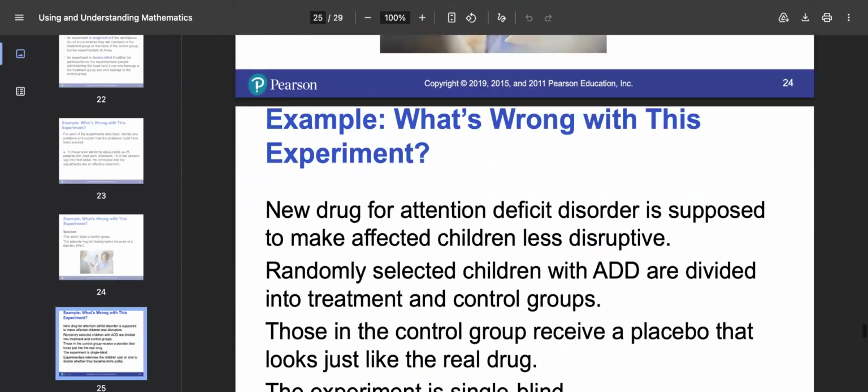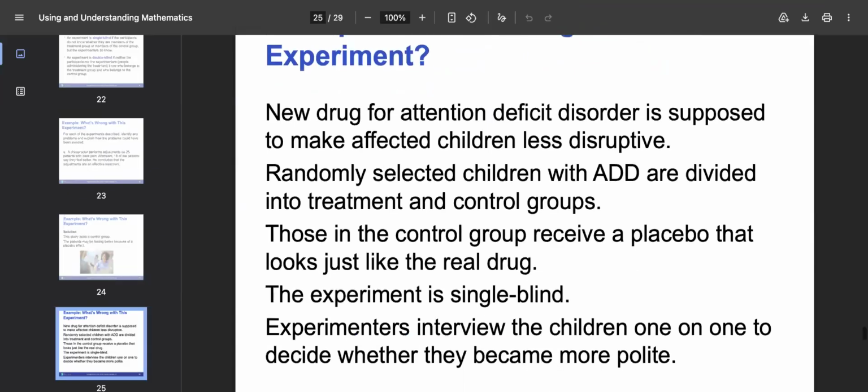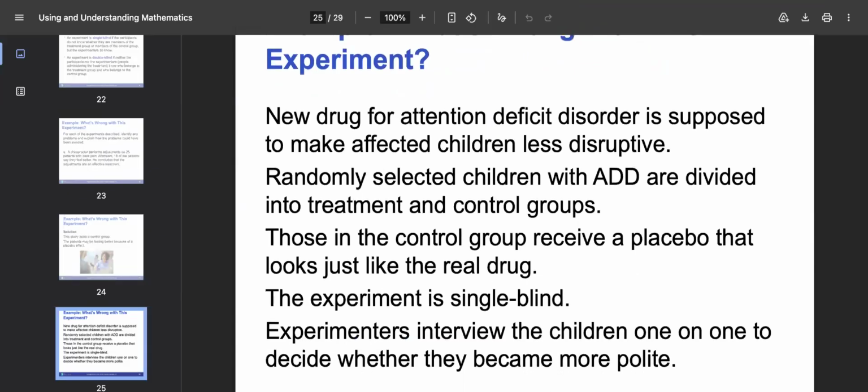The new drug for attention deficit disorder is supposed to make affected children less disruptive. We randomly selected children with ADD. They're divided into treatment and control groups. Well, that's good, right? Also good that they randomly selected children, that they didn't just take the first group that they got.